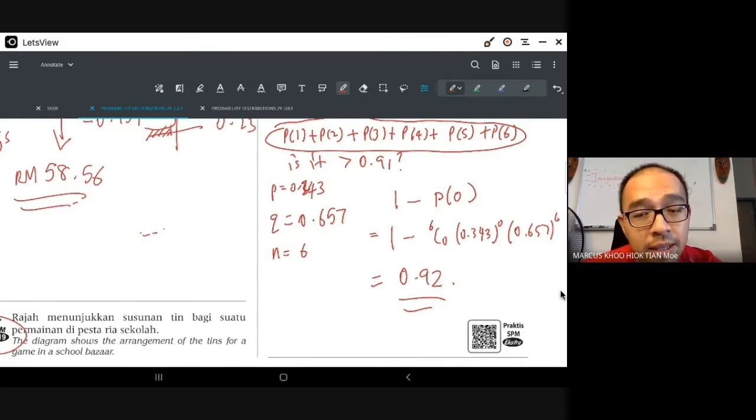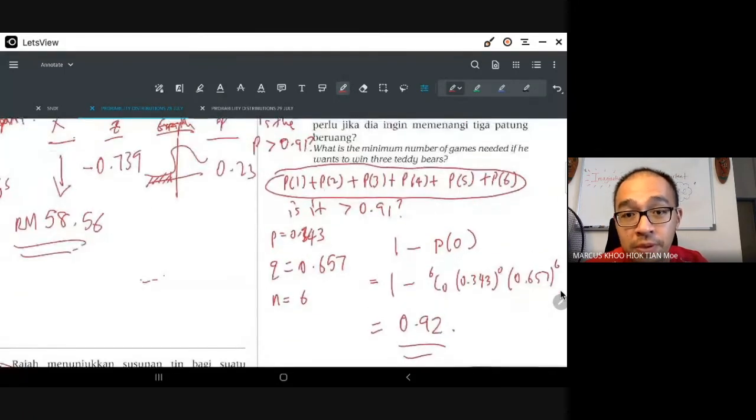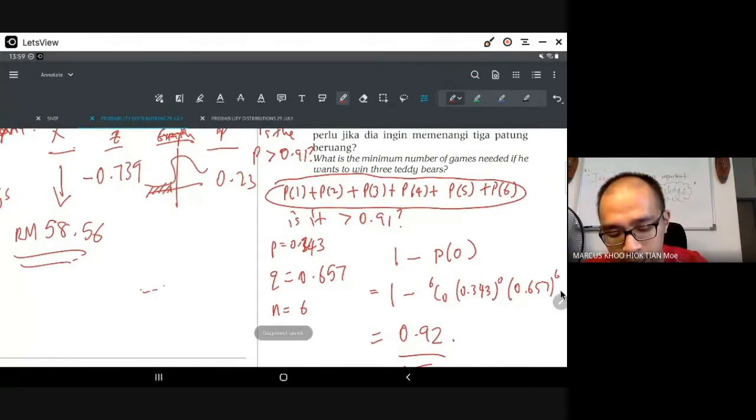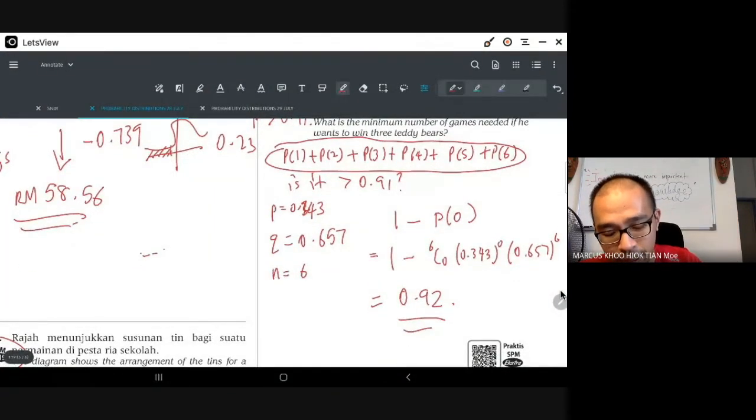Each time he wins is 0.92. So the question is, do you think he should play the game with 24 ringgit? Is it worth it? Yeah, of course it is, because after he calculates the probability, he finds that he has at least a 91% chance of winning at least one teddy bear. We find that he can win up to 6, but at least one, the probability is 0.92.